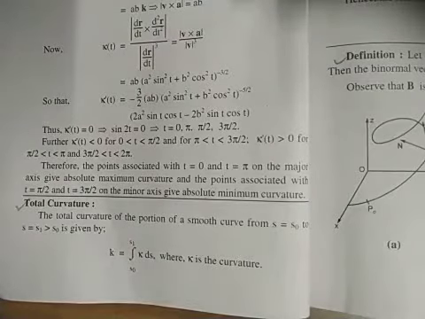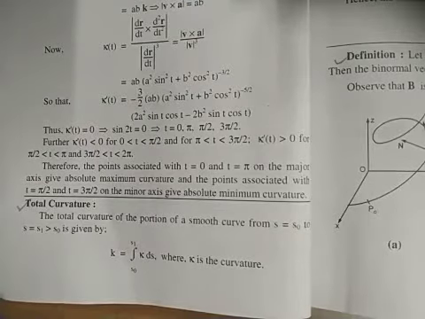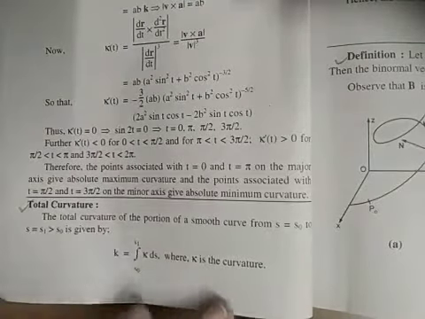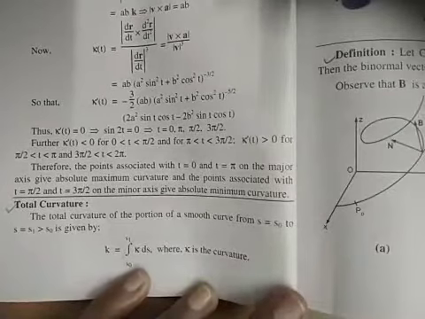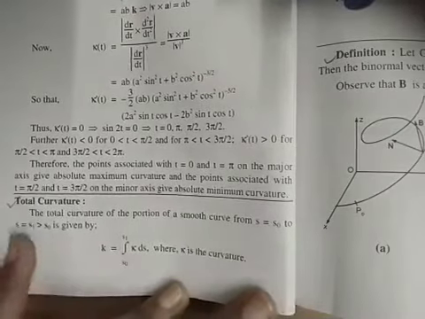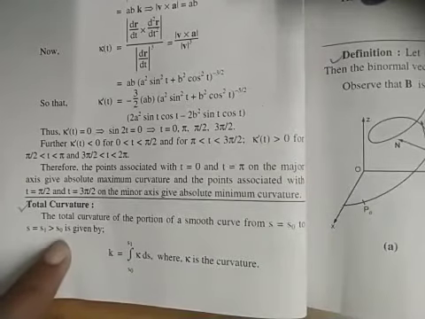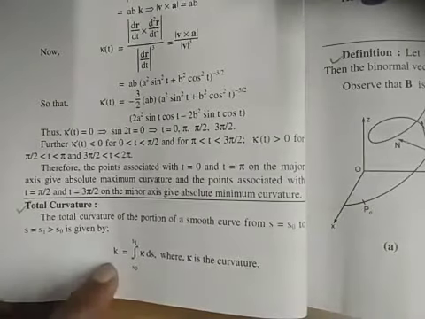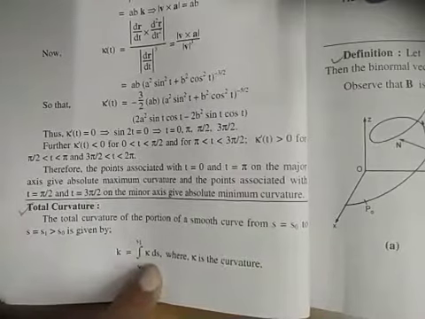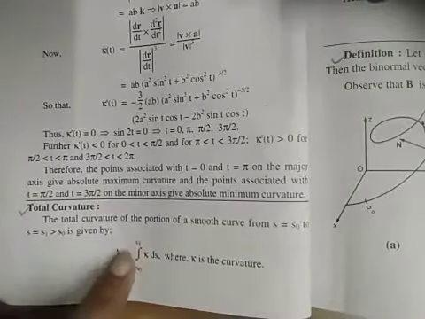Next is the definition of total curvature. What is total curvature? The total curvature of the portion of a smooth curve from s0 to s1, where s1 is greater than s0, is given by the integration of curvature kappa ds from s0 to s1.